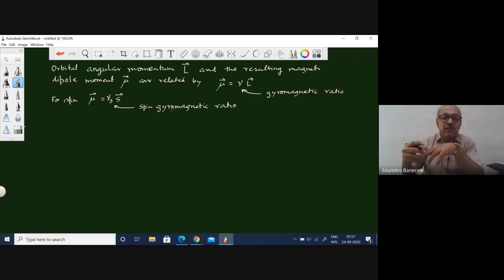And if you place such a particle in a magnetic field, and if the particle is not oriented exactly in the direction of the magnetic field, there will be a potential energy.